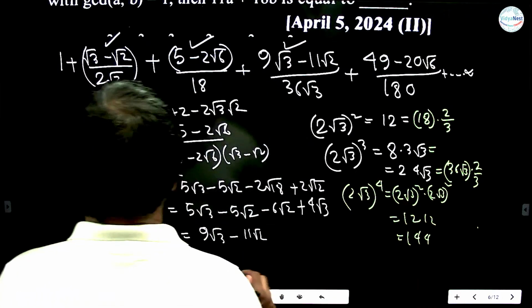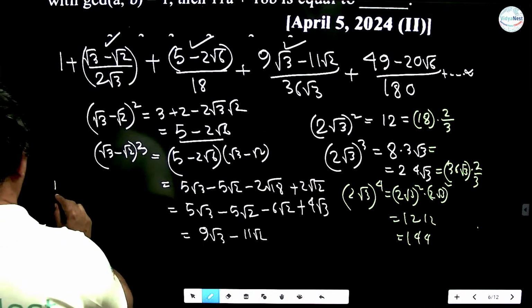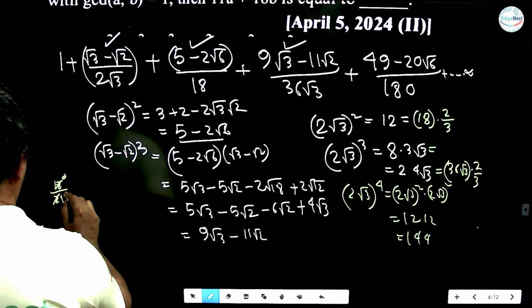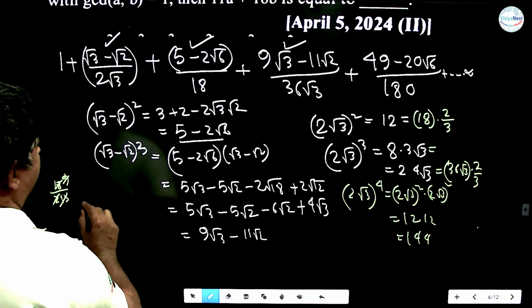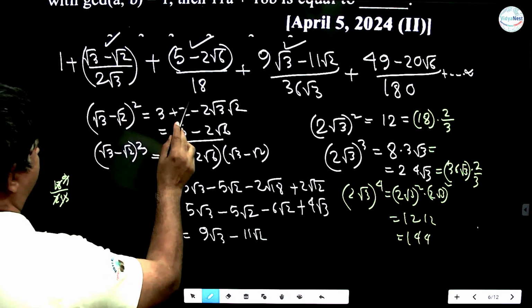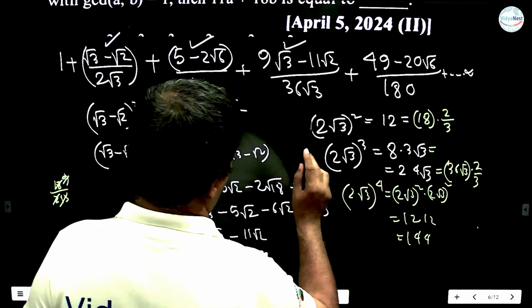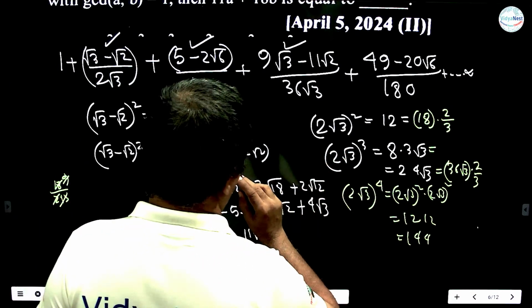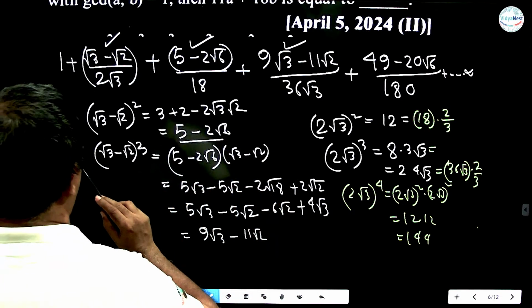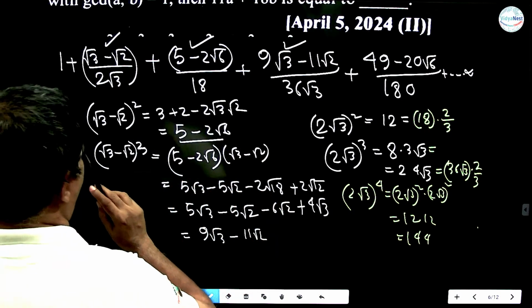One minute. 18 by 2 root 3, 9. 3 root 3. 3 root 3, 2 root 3, 5 root 3. We can take anything common. Root 3, root 3.